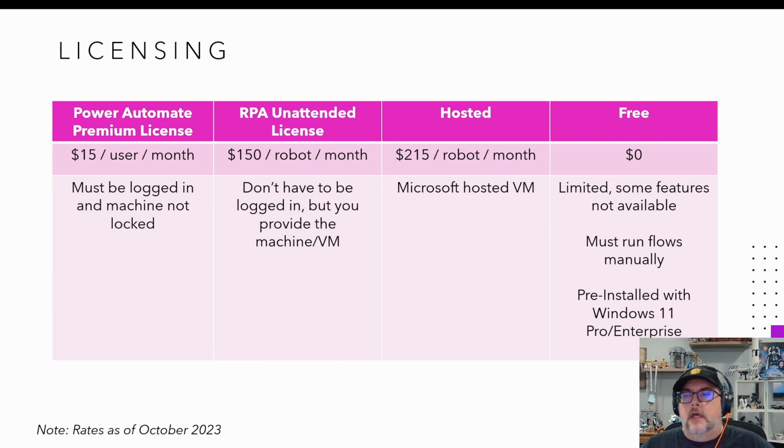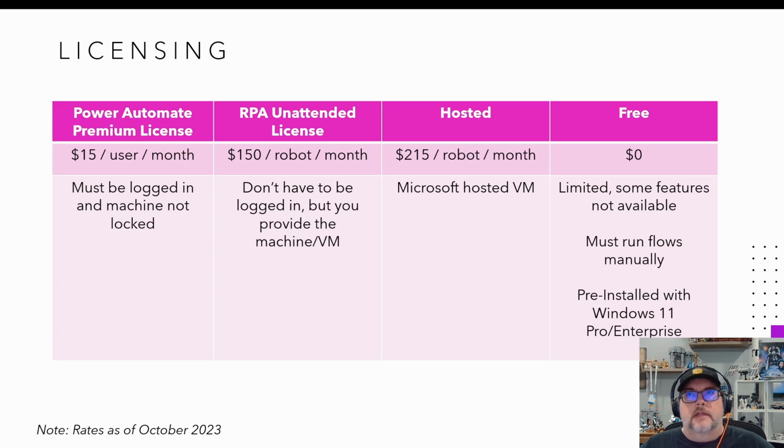When I showed you at the beginning of the video how to check whether it's there already. If not, you just go to make.powerautomate.com and download Power Automate Desktop, or you can go to the Windows Store, sorry, the Microsoft Store, it's called now, old habits, and download it from there. But there are also paid licenses.